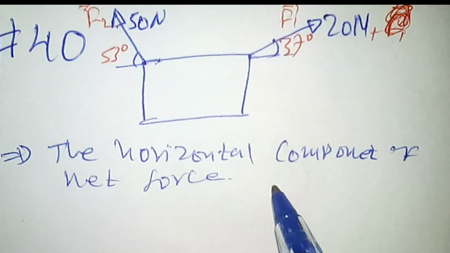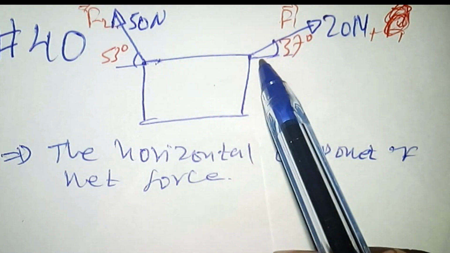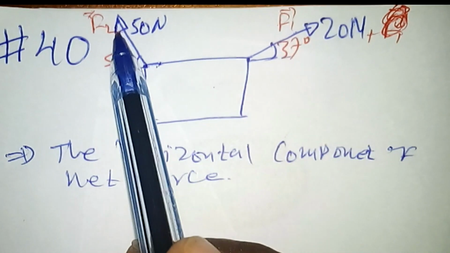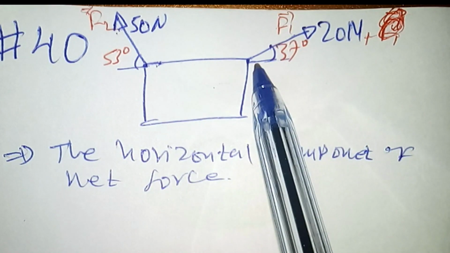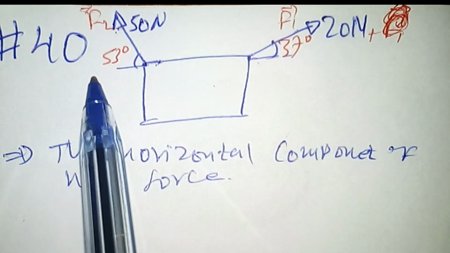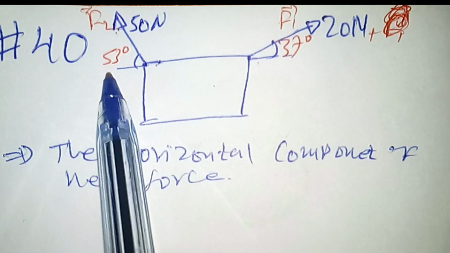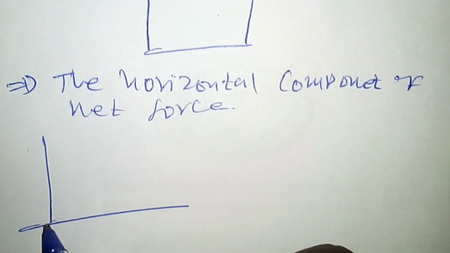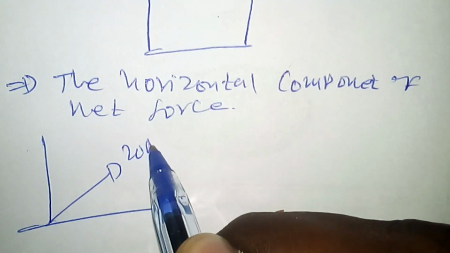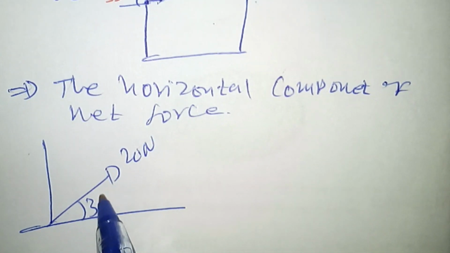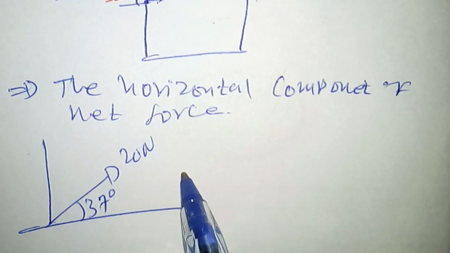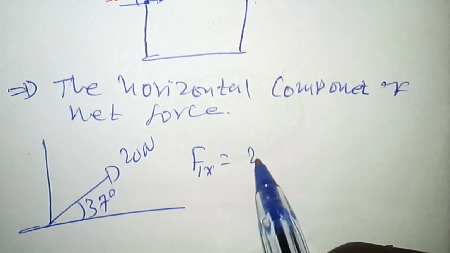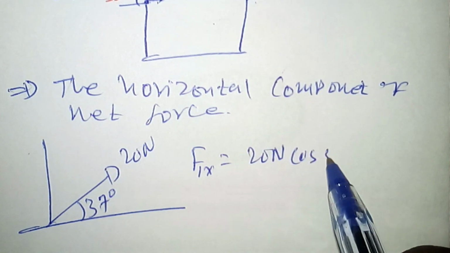Okay, the horizontal component of net force according to the diagram given is, we can resolve these two forces. Let's say this is F1 and this is F2. F1 is 20 Newton at an angle of 37 degrees from the horizontal, and F2 is 50 Newton at an angle of 53 degrees from the horizontal. So if I resolve the first force, F1, which is 20 Newton at an angle of 37 degrees, then F1x is equal to 20 Newton times cos of 37.